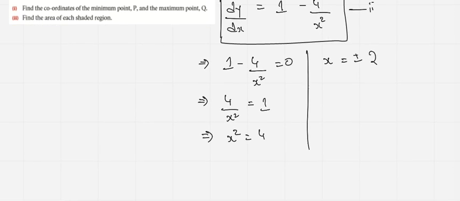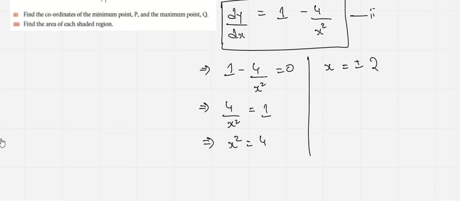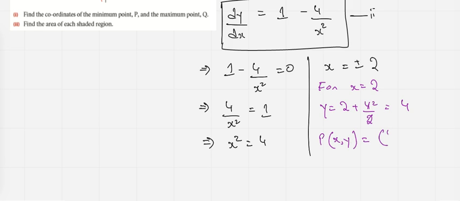I'm doing it because it is part of the question, though it's not part of our topic. So for x equals 2, y is equal to 2 plus 4 upon 2. So it's going to be 2 plus 2, 4. So the coordinates of my point P are 2 and 4 respectively.